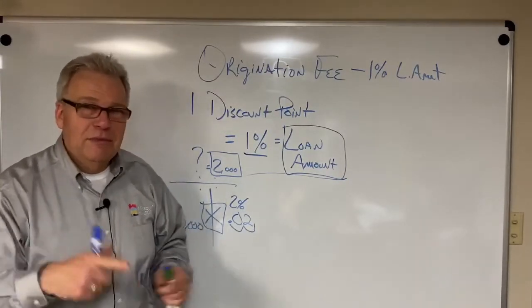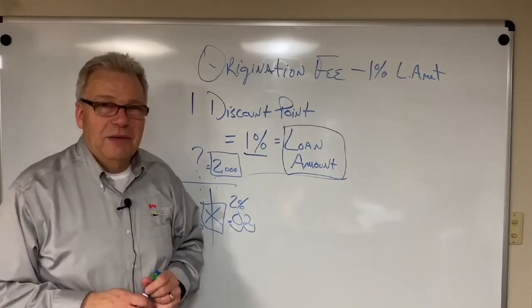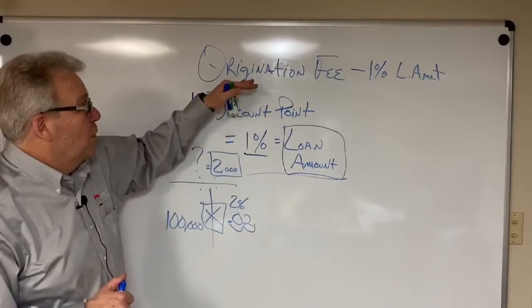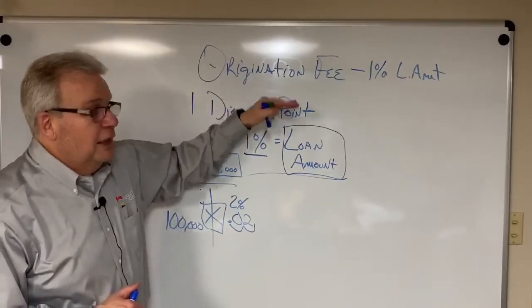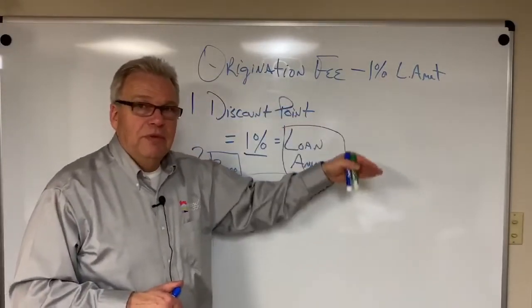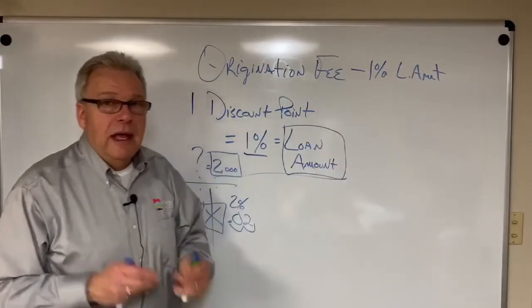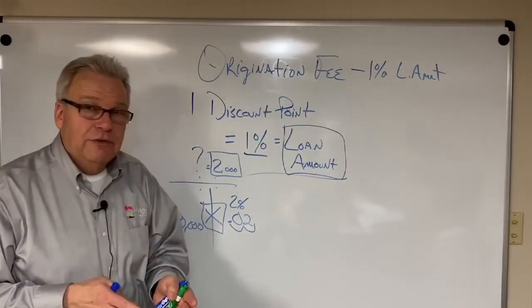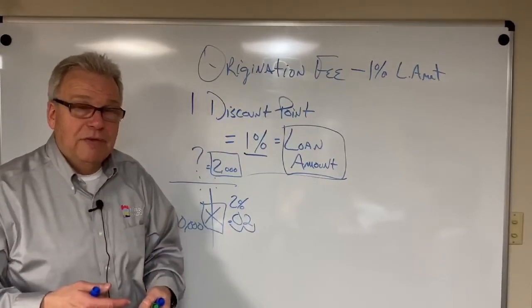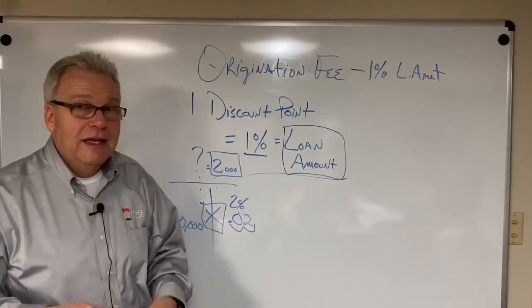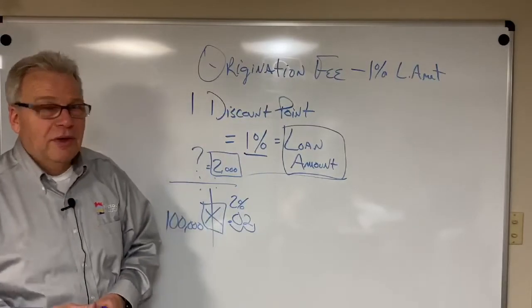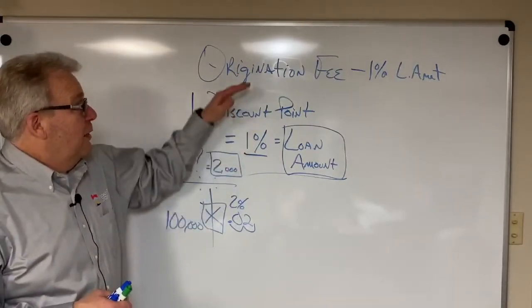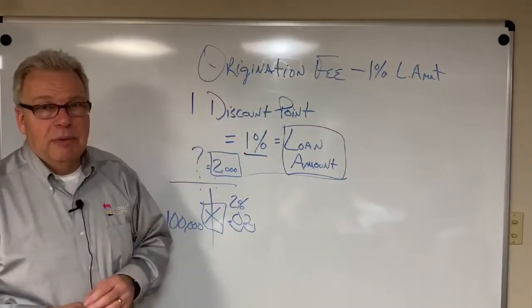I think I heard some Missouri and Indiana and Oklahoma folks too, but 1% equals 1 point is 1% of the loan amount. And remember that discount points or prepaid interest increases the lender's profitability on the loan or the lender's yield. They love those words. And an origination fee covers the paperwork.